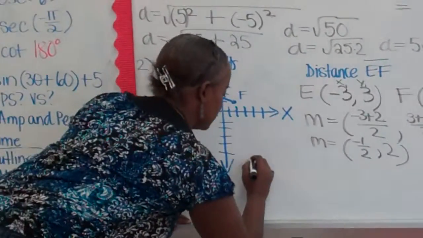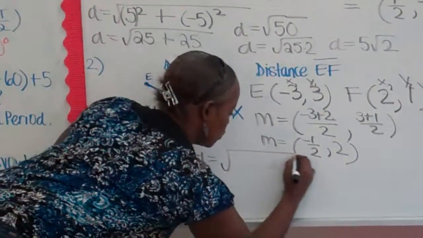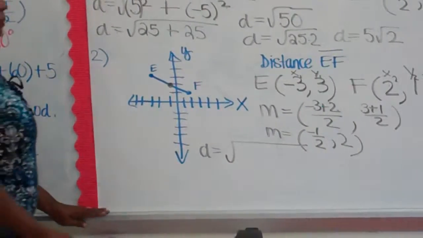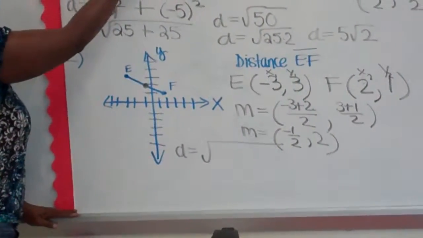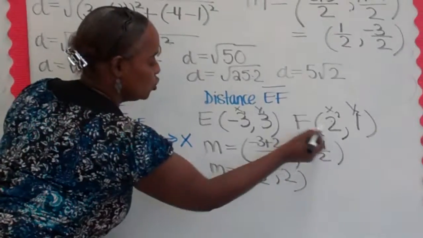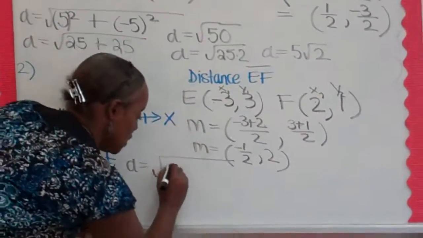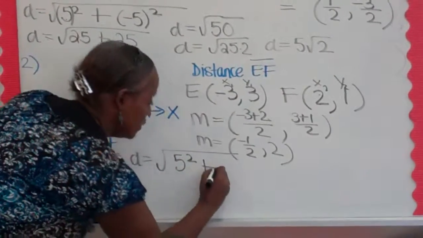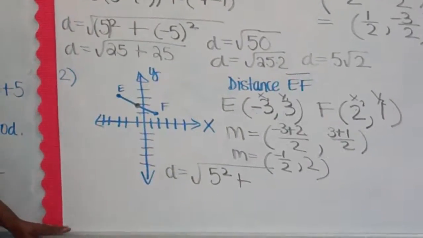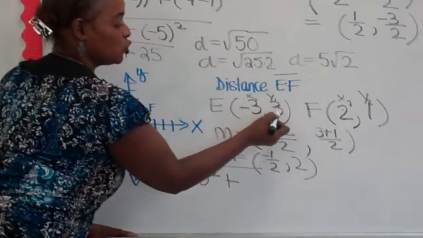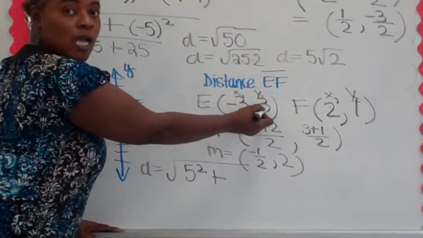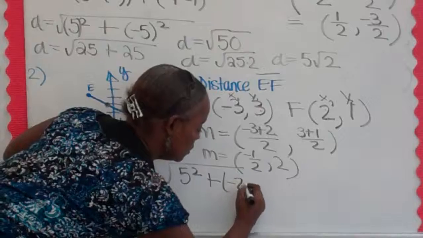All right, now distance. Distance is equal to the square root of, remember with distance, you're going to subtract your x coordinates. So we got 2 minus a -3 is 2 plus 3, which is 5 squared. Plus, I'm going to subtract my y's. 1 minus 3 is -2. -2 squared.